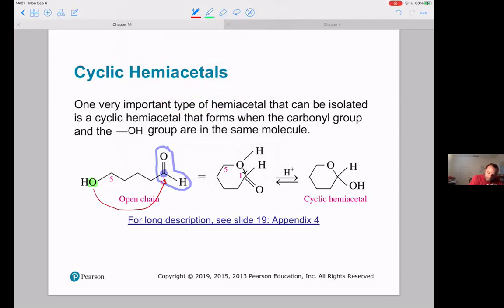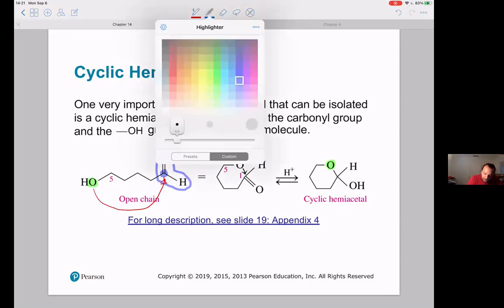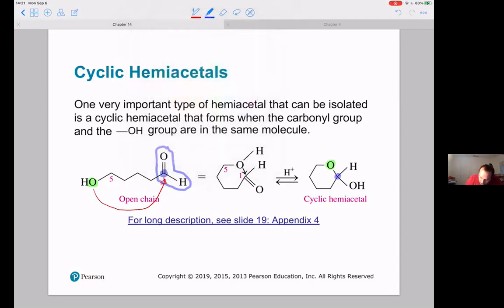Right, so again, showing you how these are combining. If I go to my final molecule here and color code everything, this blue carbon was originally my carbonyl carbon. That oxygen was originally my alcohol oxygen, and they've combined, closing that ring, tying one end of that molecule to the other one, creating a ring.